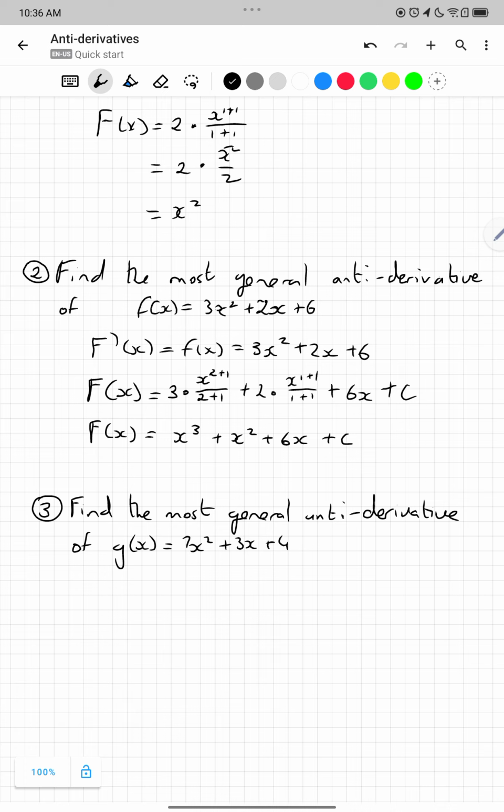So you know that uppercase G prime of x is equal to g of x, which is equal to 7x squared plus 3x plus 4.